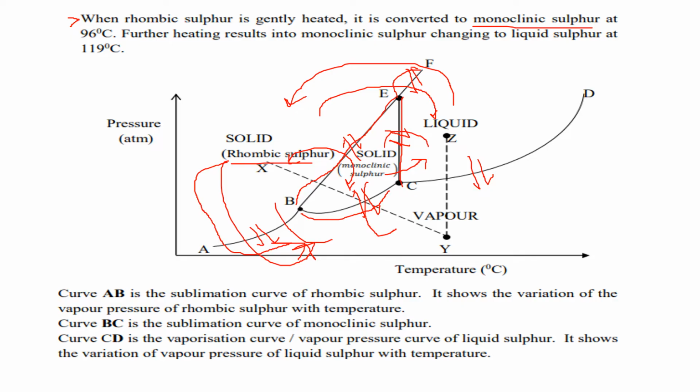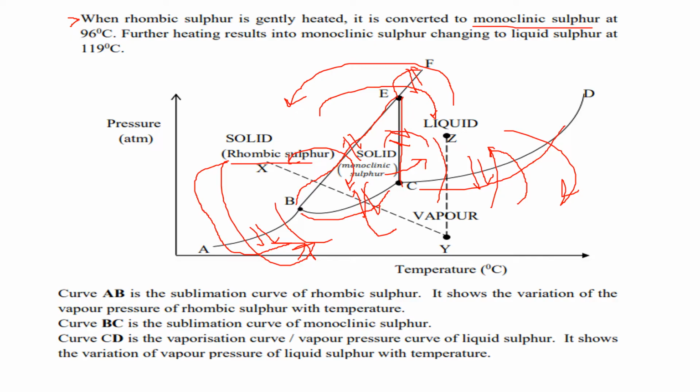And then we have curve CD, this curve here. Now this curve is from liquid sulfur to vapor sulfur, or from vapor to liquid, but you usually name it this way, liquid to vapor, and that's called vaporization. So this is the vaporization curve of sulfur generally, because it involves a liquid turning to a vapor, and we name a curve according to the process taking place.